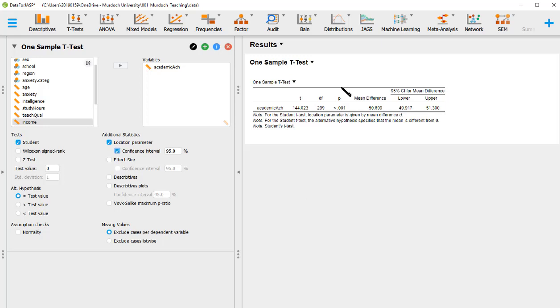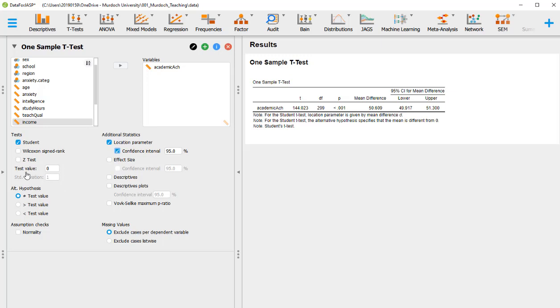So we are not paying attention to this part because that is hypothesis testing. Today we are doing parameter estimation. So basically what we want to estimate is the mean of the population. Now you see here there's this mean difference, but we are interested in the mean. Why does it say mean difference?